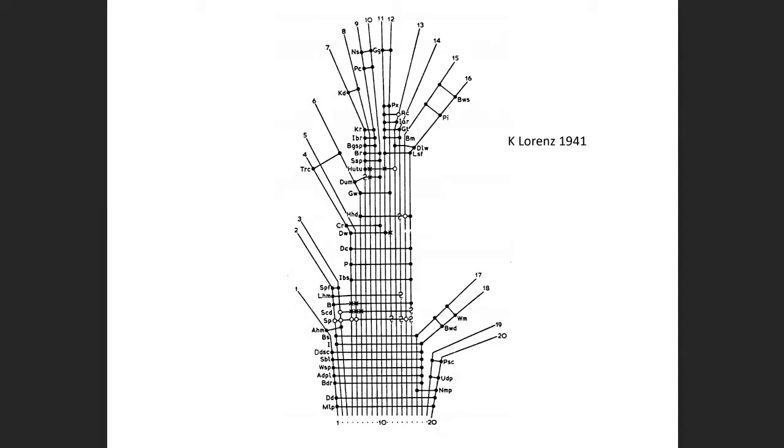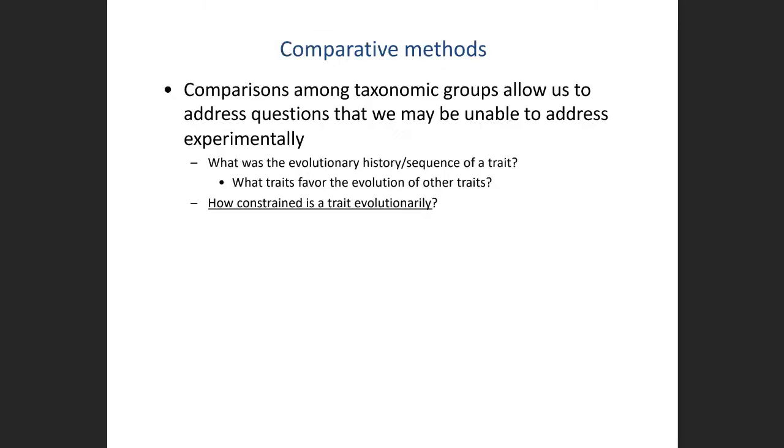But then later on, when you could do either egg white protein hybridization and then ultimately DNA sequencing, there's a really good correspondence between the phylogeny that Lorenz built based on the behaviors and an actual genetic phylogeny.